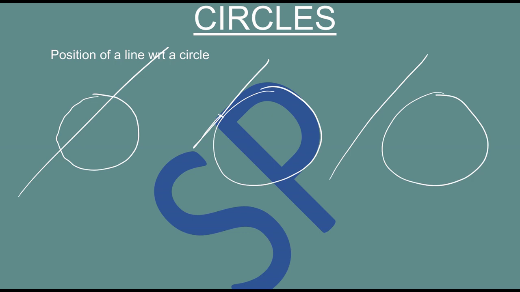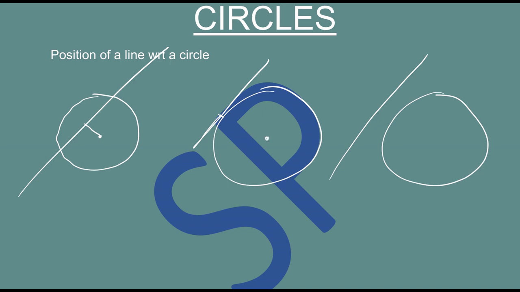For that, we take the help of distance from center to the line and the radius. We are going to see relation between distance from center to the line and the radius.